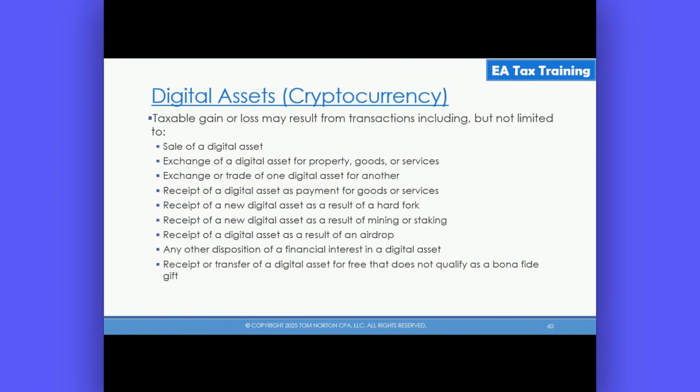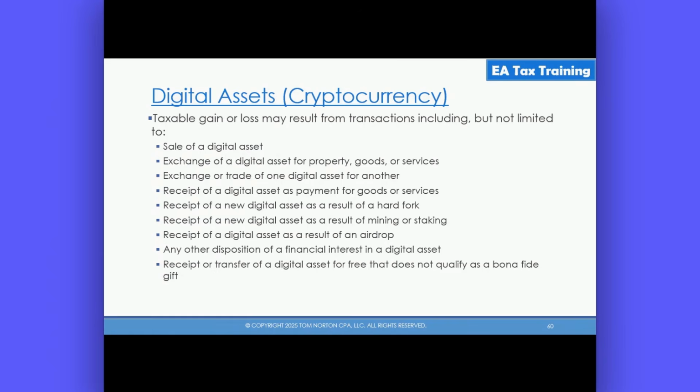You can have tax on the exchange or trade of one digital asset for another, on the receipt of a digital asset as payment for goods or services, on the receipt of a new digital asset as a result of a hard fork or as a result of mining or staking. I barely understand what those things mean, but if you're into cryptocurrency, then you will understand what that means.